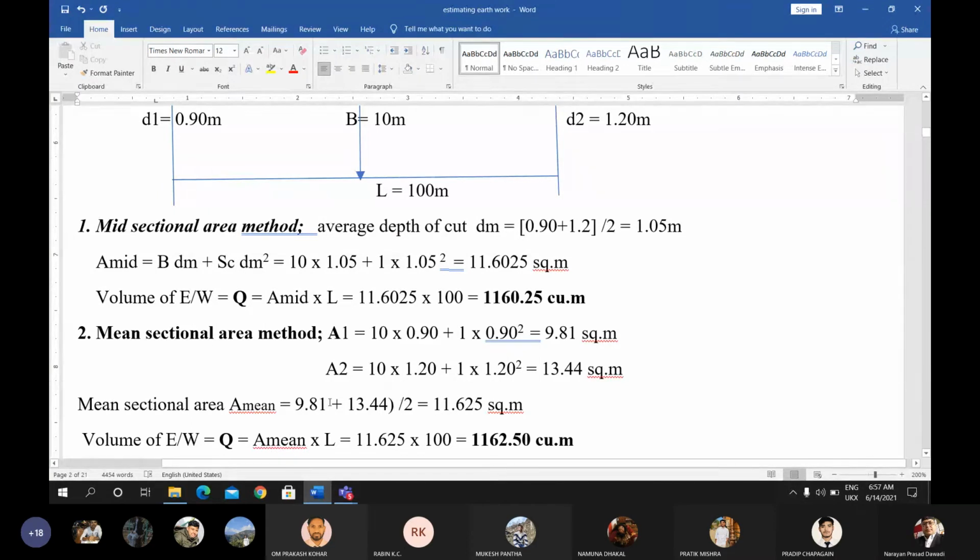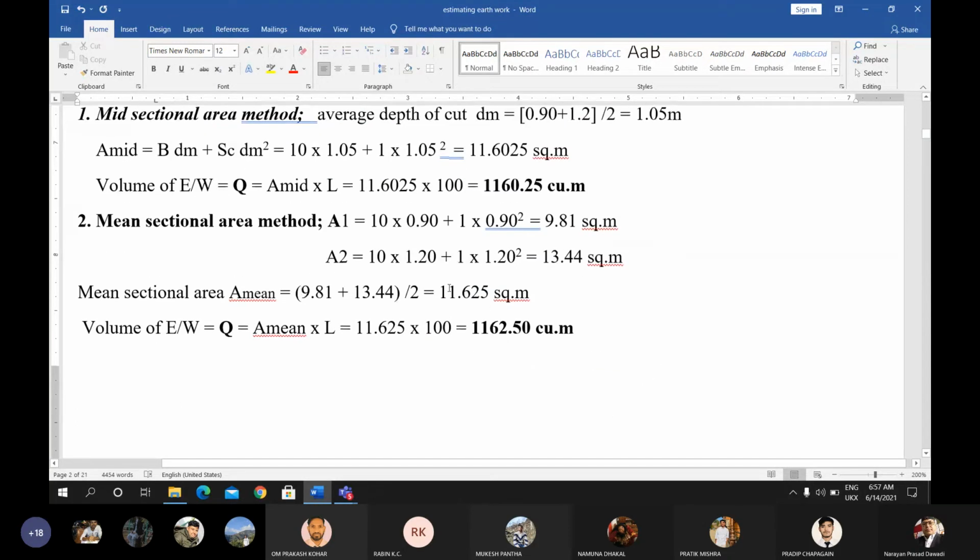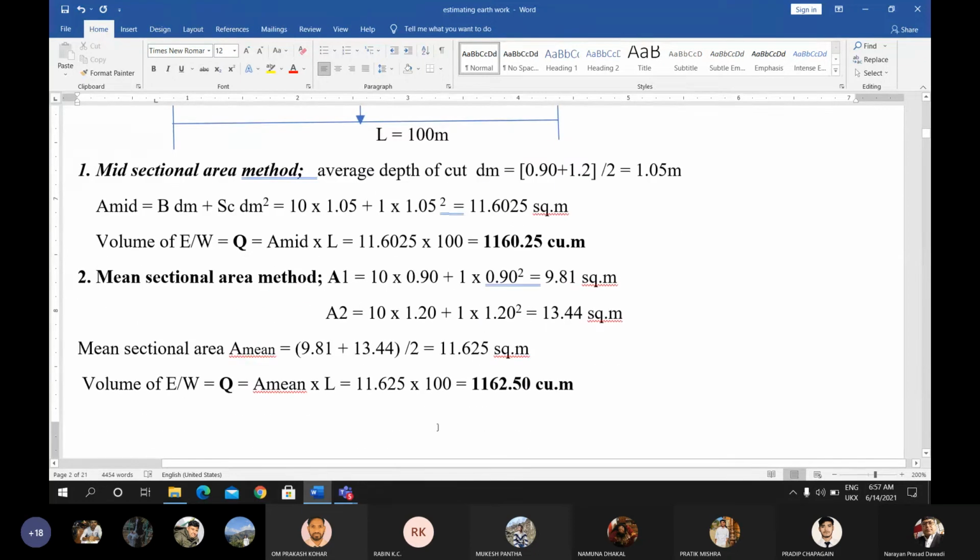This mean area is 11.625 square meter. Now the volume of earth using the mean section area will be area mean into length between the sections: 11.625 into 100.